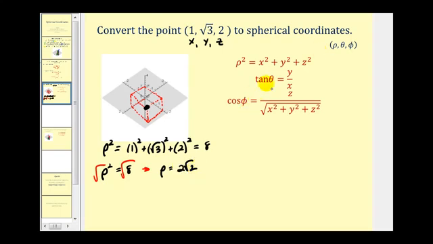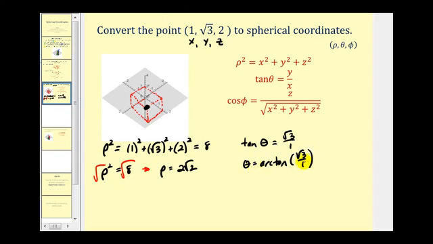Next, to find theta, we can use the equation here that tangent theta is equal to y over x. So tangent theta is going to equal square root 3 over 1. So that means that theta would be equal to arctangent of square root 3 over 1.